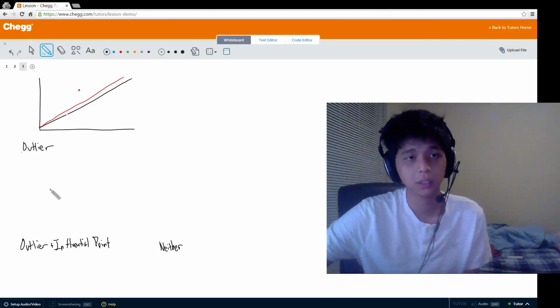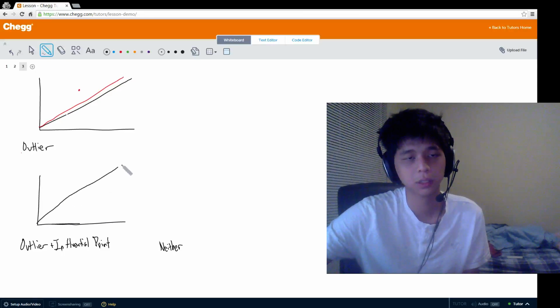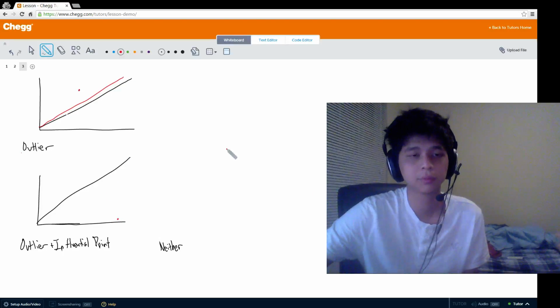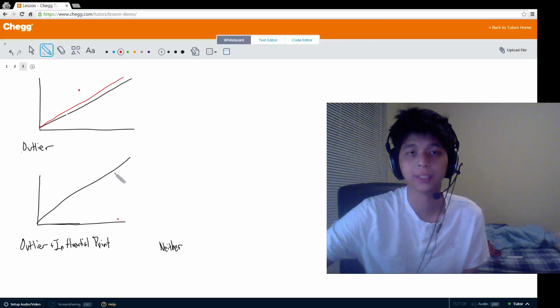On the other hand, let's look at this plot. Let's look at a similar plot. And this time our point is all the way over here. So once again, we can visually identify that this is an outlier because we see the large residual and how far away it is from the rest of the data.